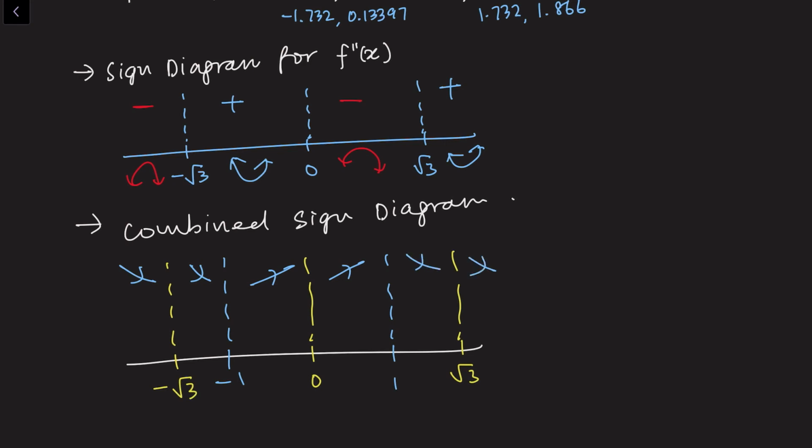The blue one is what we got from our first derivative test for the piecewise monotonic intervals. Then the one in yellow is our second derivative test for concavity: concave down, concave up, then in between 0 and square root of 3, down, down. After square root of 3 is up.